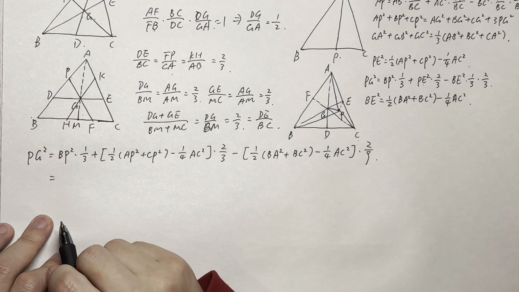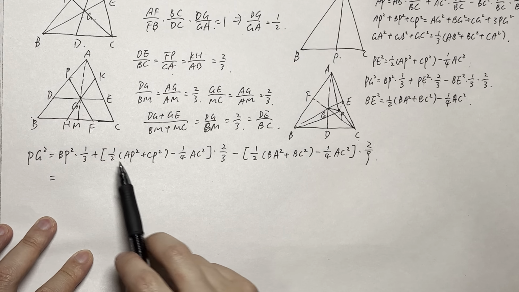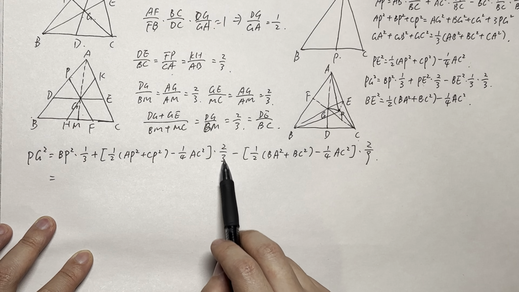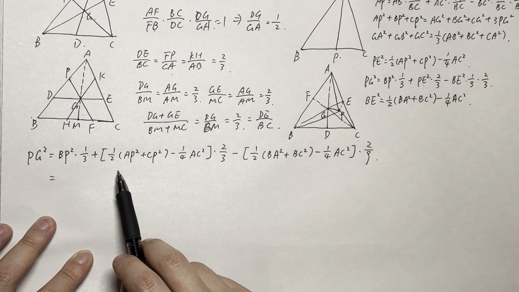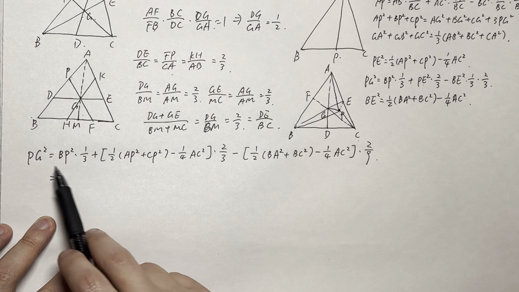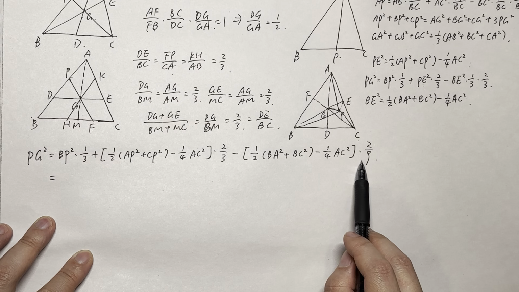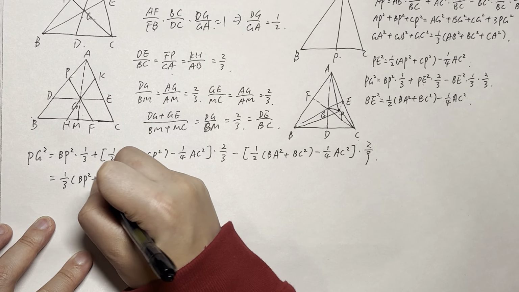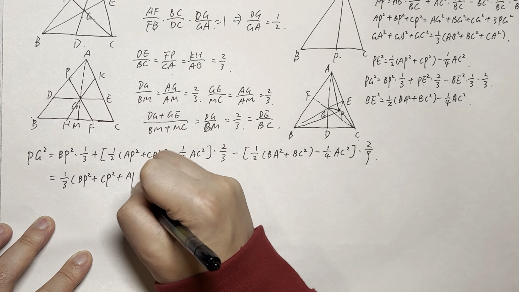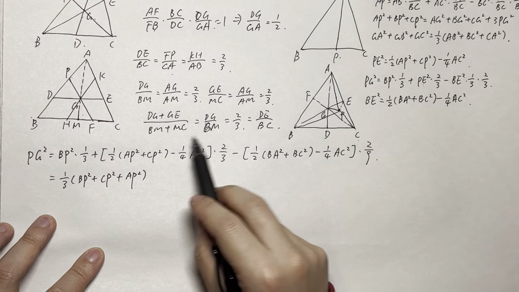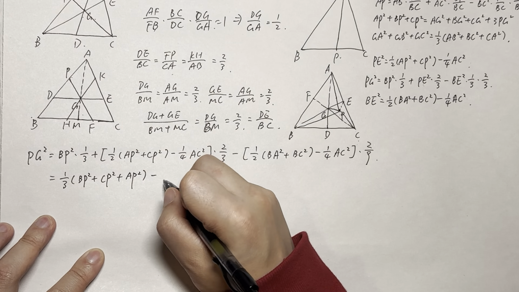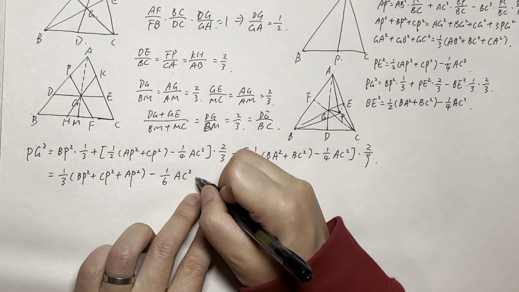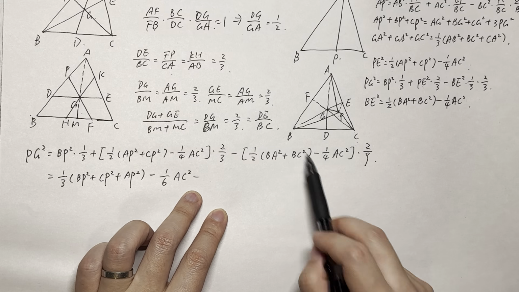So we have, this is half, right? And times 2/3, that is 1/3. So there's no CP, AP, BP on other terms. So we directly got 1/3 of BP squared plus CP squared plus AP squared, right? And for this one, it's minus 1/6 AC squared, right? And minus, what about this one?